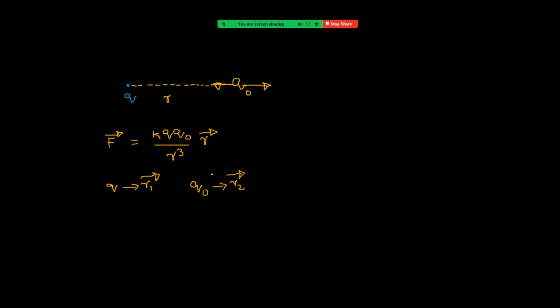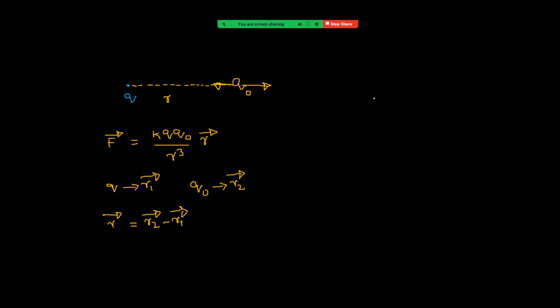Then the position vector of Q naught with respect to Q, which I am writing as R bar, is R2 bar minus R1 bar, right? This is what we have learned in vectors. R bar equals R2 bar minus R1 bar.